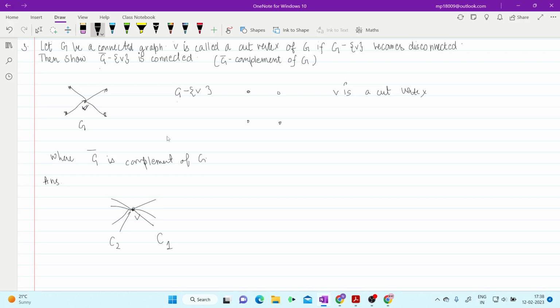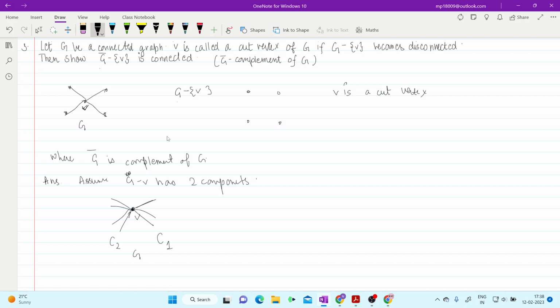So this is a graph G. If V is a cut vertex, then if we remove V, this graph becomes disconnected.